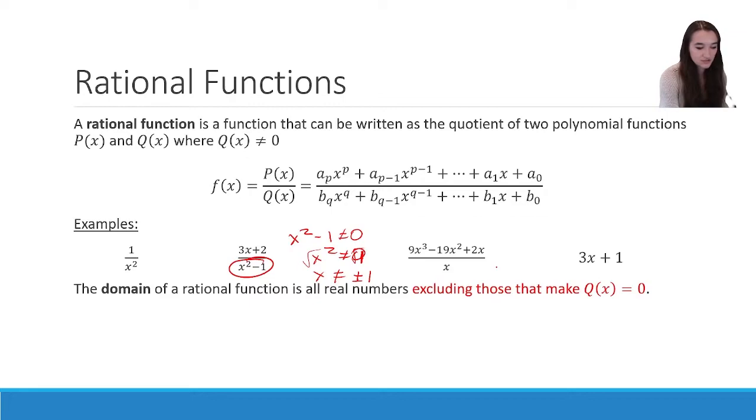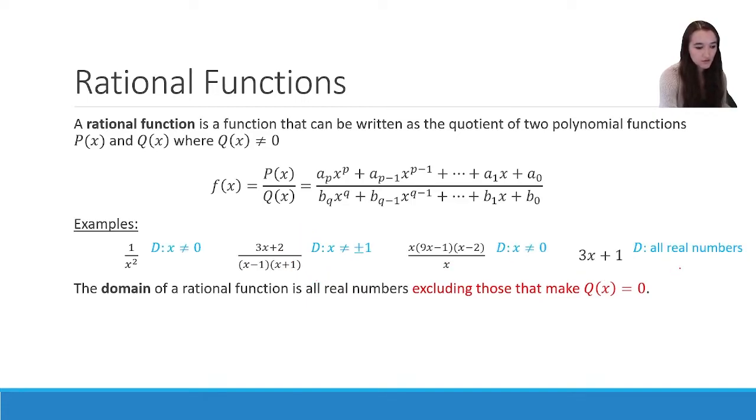9x cubed minus 19x squared plus 2x over x. Doesn't matter that I could factor this out in some way. All I care about is how it's presented to me. x cannot equal 0. And here, my q of x is again 1, so there's no problems in the domain. So we say the domain is all real numbers. Now notice that I did factor this function.